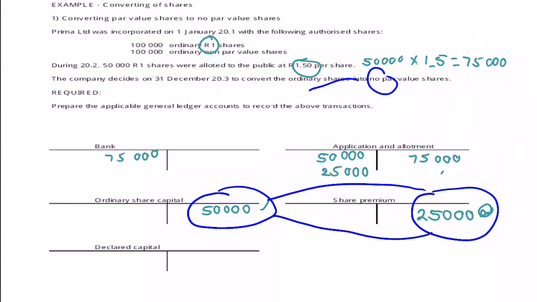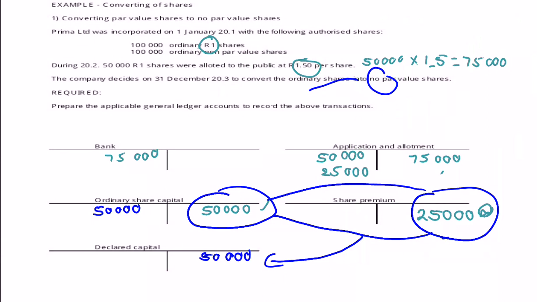So both of these together we're going to remove, and we're going to take it to the declared capital account, or you can just call it the capital account, which is an indication that these shares are now no par value shares. So it is as easy as removing the 50,000 from my ordinary shares and taking it to my declared capital, or you can just call it the capital account. That distinction is not necessary anymore.